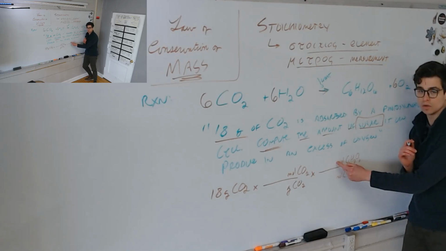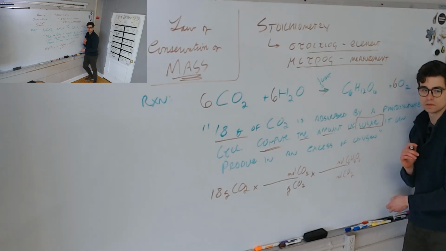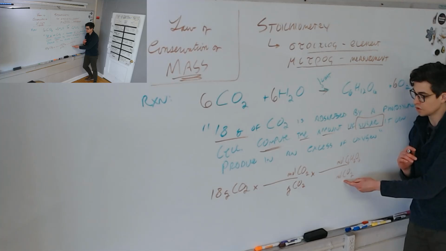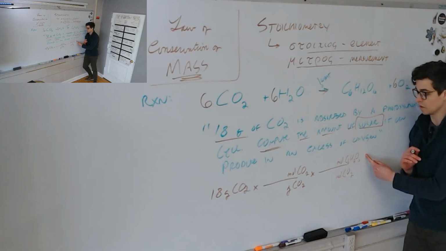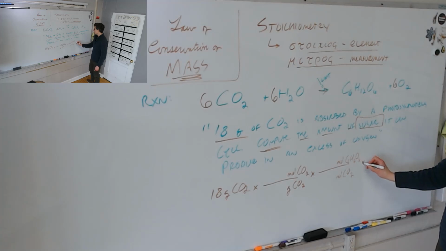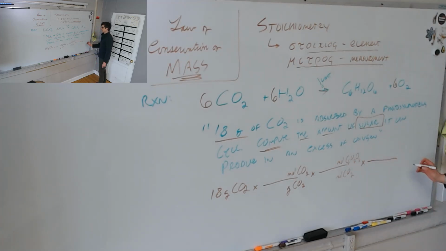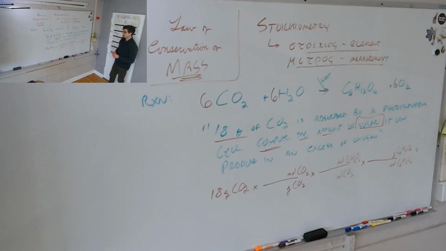Because if you just had moles to moles, that could be anything. But moles of CO2 to moles of C6H12O6, that's a different thing. Those are different things from each other. And then, compute the amount of, I should have probably put mass of, moles of C6H12O6. We're going to convert that back to grams of C6H12O6.